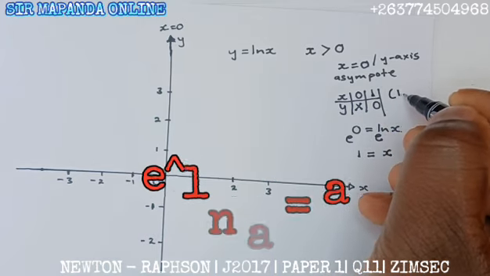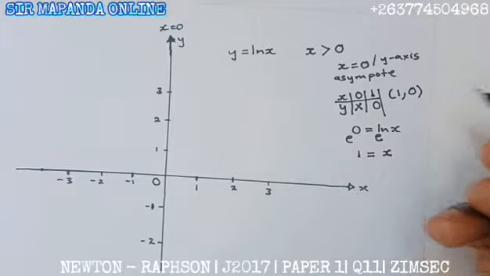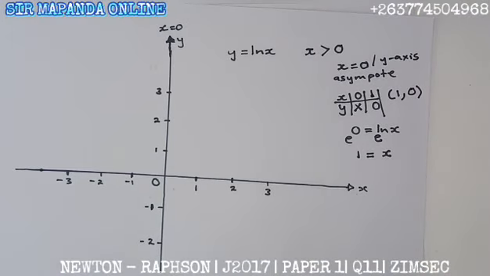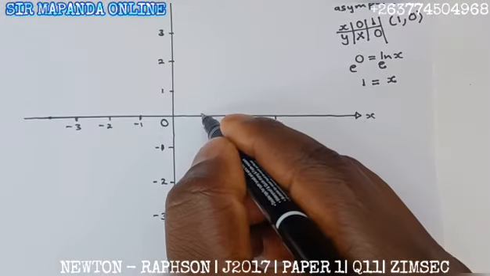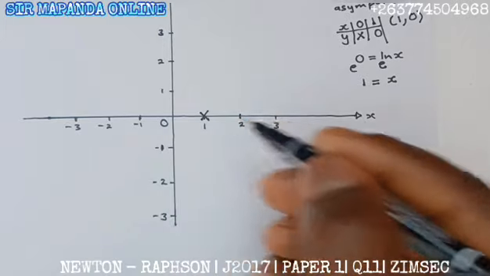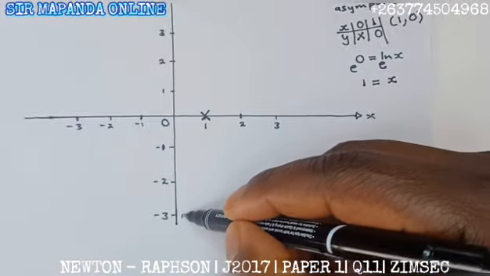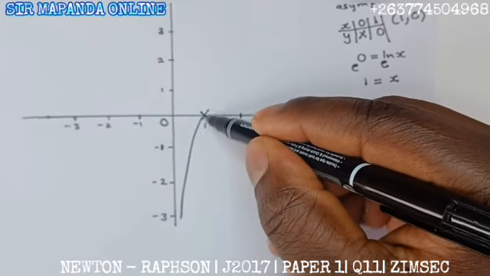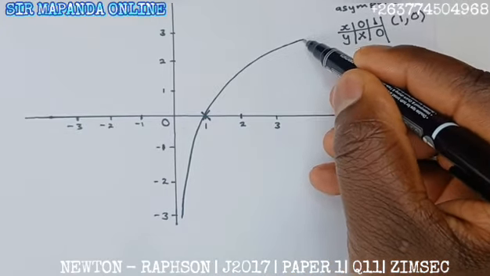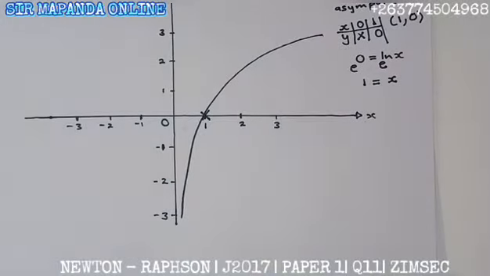There is a point (1, 0) where the graph is passing through. So where is (1, 0)? This is (1, 0). Right. So I'm going to draw my graph here, heading towards the positive x direction.